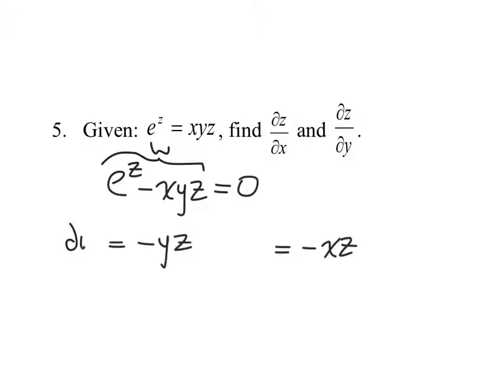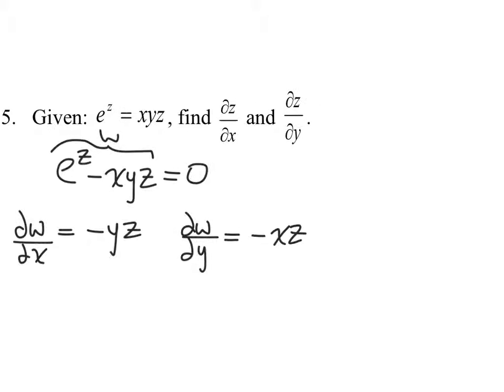Because this is partial w with respect to, what did I do first, x? Partial w with respect to y. And the last thing is partial w with respect to z. All right, so that's e to the z minus xy.